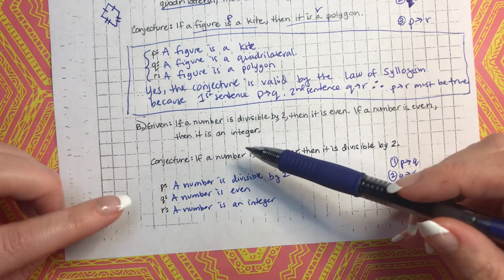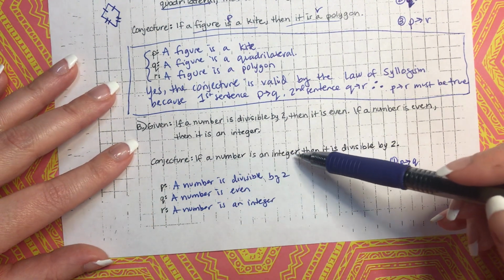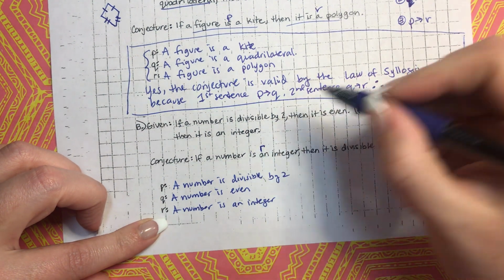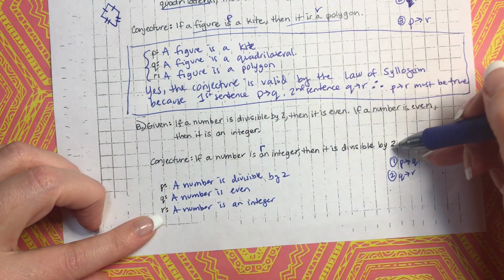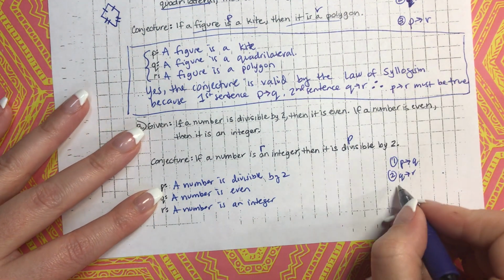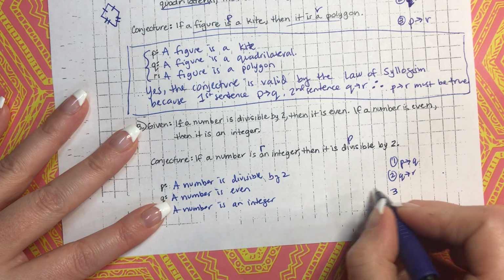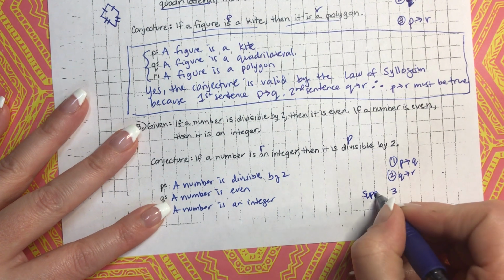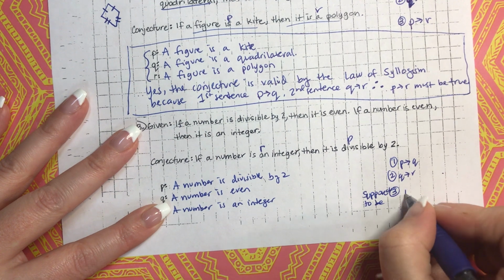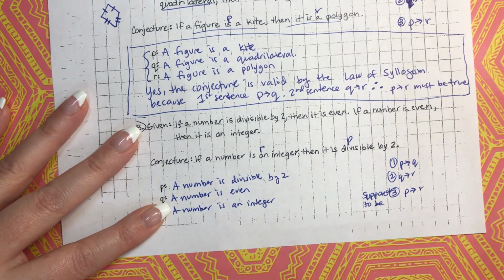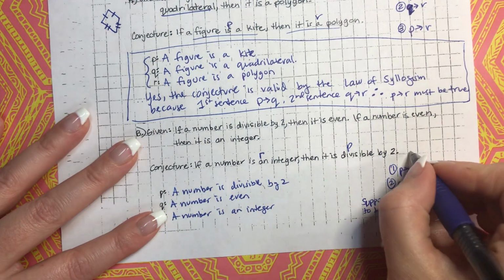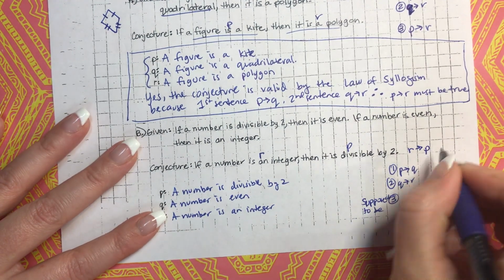Is that what this says? If a number is an integer. Oh, that is our R. Then it is divisible by 2, which is our P. So this statement is supposed to be P to R, but what this is, is R to P. This is R to P, so this is backwards.